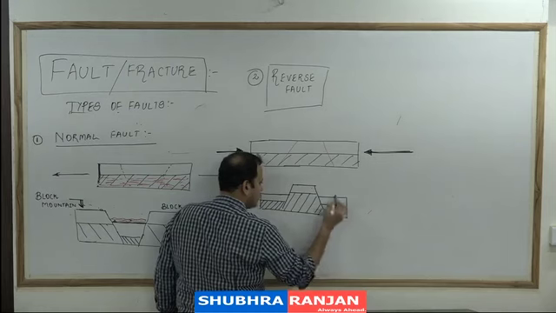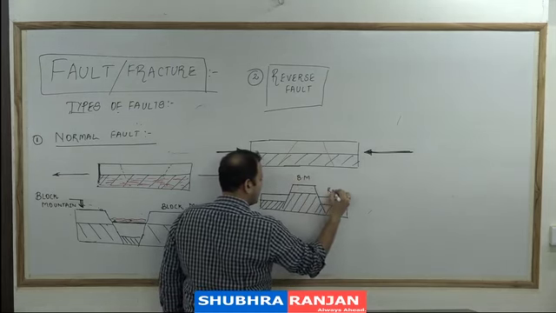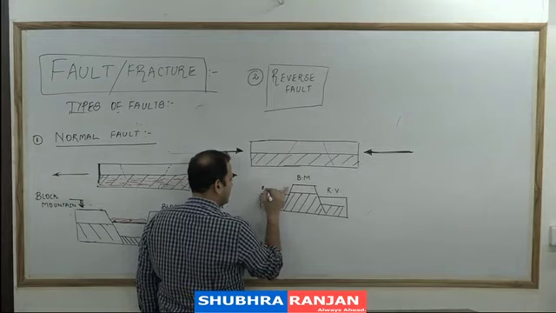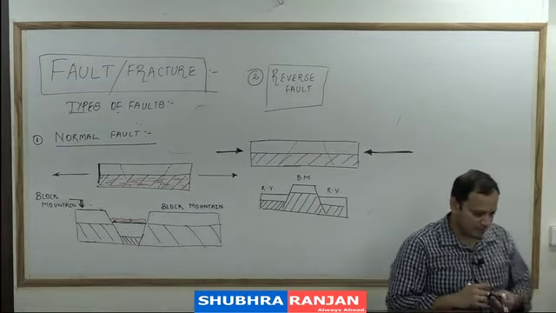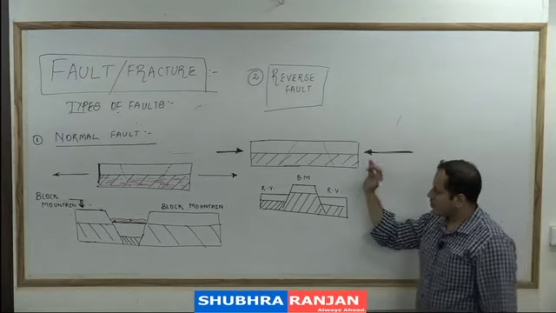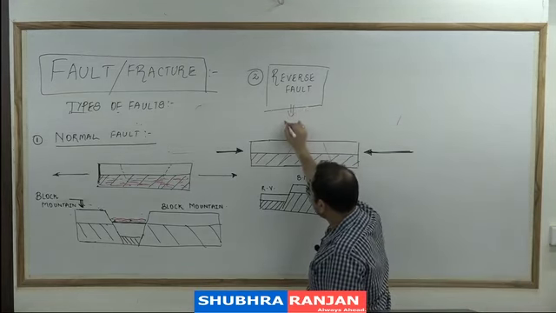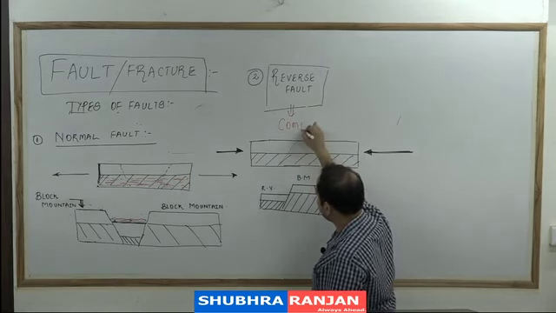What is the outcome? Block mountain and rift valley. The only difference is that the reverse fault is due to compression and the normal fault is due to tension.